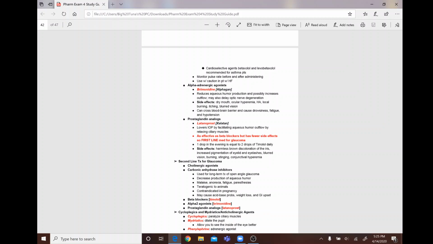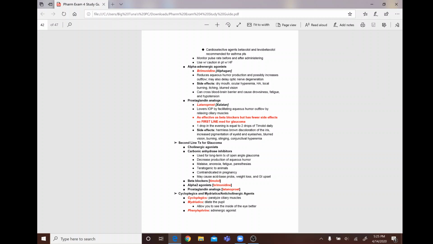What are the side effects of latanoprost? Harmless brown discoloration of the iris, increased pigmentation of eyelid and eyelashes, blurred vision, burning, stinging, and conjunctival hyperemia.